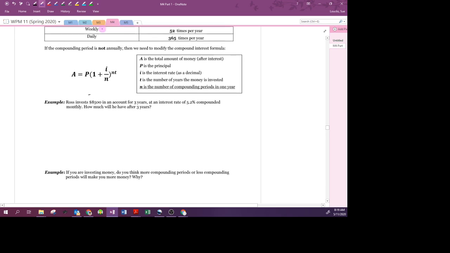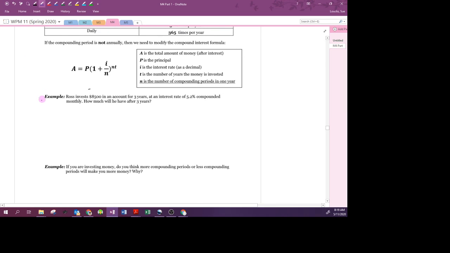Ross invests $8,500. Let's write out all our variables again. So he invests $8,500. That's our principal. Time is 3 years. The interest rate is 5.2%, which is 0.052 when we write it as a decimal, compounded monthly.